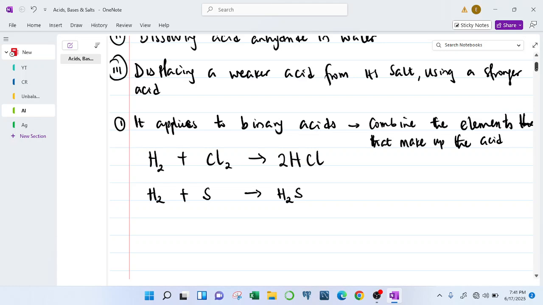Why? Because remember, the definition of acid comes from their behavior in solution. So in solution, when you dissolve ammonia in water, an acid should be a proton donor. Instead, ammonia accepts protons. So automatically, it is not an acid.